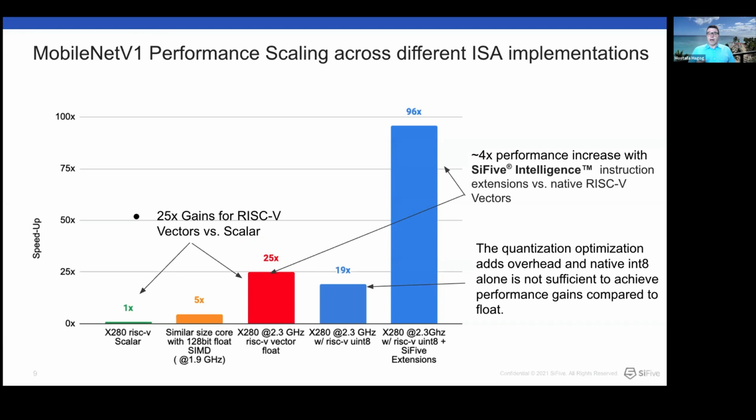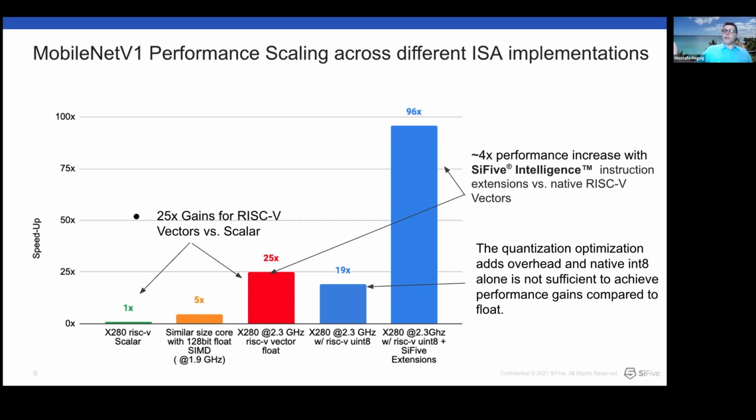And you can see that you have this kind of big uplift from just using vectors and a tuned implementation of vectors. But then in order for us to go beyond that and go to the next level, our first try, and this is part of the process, we're sharing some of the information that we had across this optimization cycle. We first tried with the native int8 implementation, and it didn't go that well. You got the optimization in certain areas, but then there's an overhead for the quantization, an overhead of how you're handling these int8 vectors, and you can't really get above that floating point performance, and you get a little bit slower even.